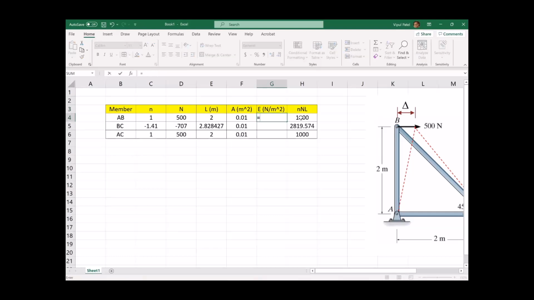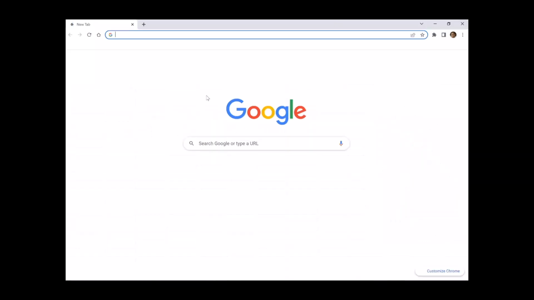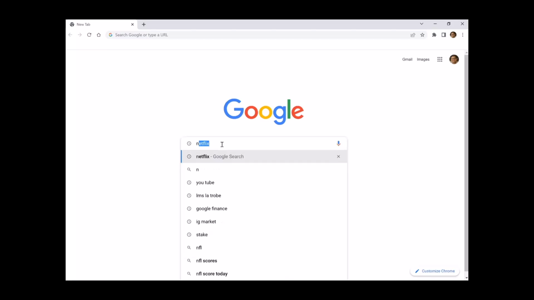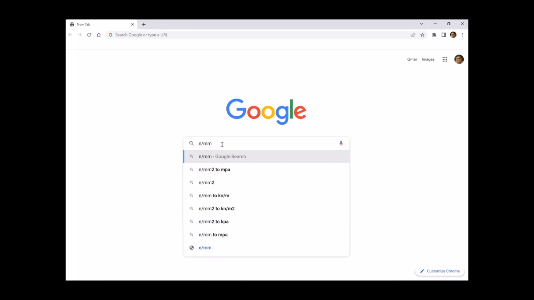So you have 20,000 newton per millimeter square.